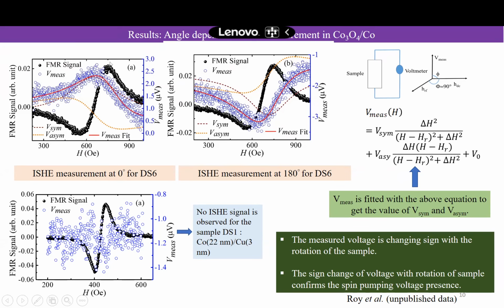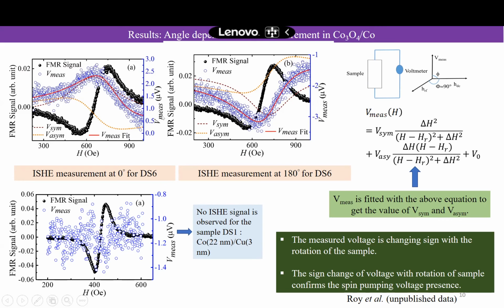We can see a prominent voltage, and when we rotate the sample by 180 degrees, this measured voltage changes polarity. So it also signifies that there is a presence of spin pumping in our samples.